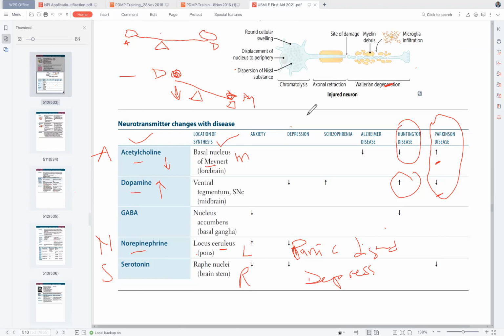Then we can give an anticholinergic drug to lower the acetylcholine. So what anticholinergic drug can be used to treat Parkinson?